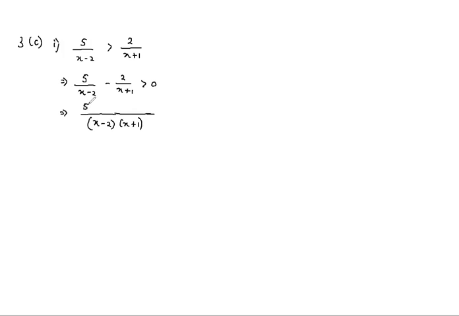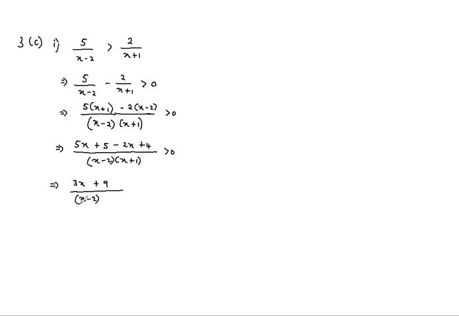So you have 5 times x plus 1 minus 2 times x minus 2, that is 5x plus 5 minus 2x plus 4, over x minus 2 times x plus 1. Then you get 3x plus 9 over x minus 2 times x plus 1 greater than 0.